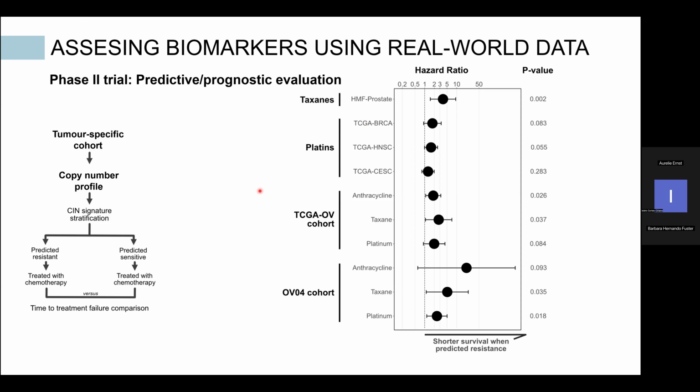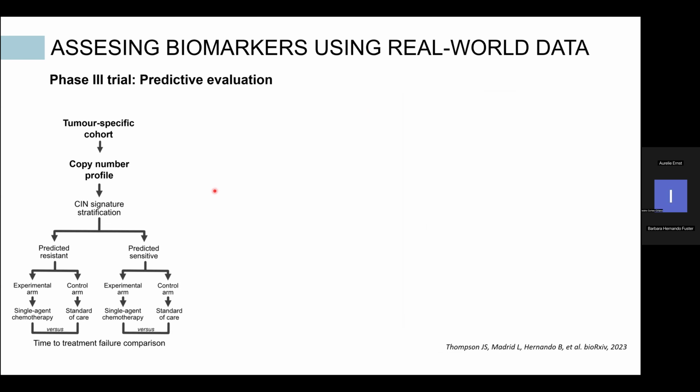Actually, it seems that those classifiers are working quite well, but the best is to have a phase 3 clinical trial. So we did that. The last thing that we did was to mimic a phase 3 clinical trial to test the predictive capacity of our biomarkers. And we did exactly the same process.